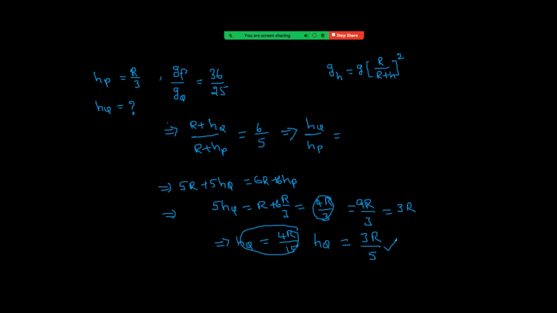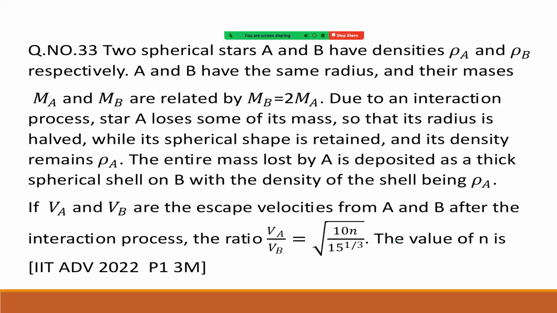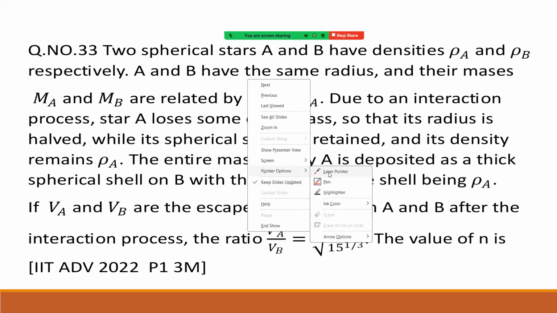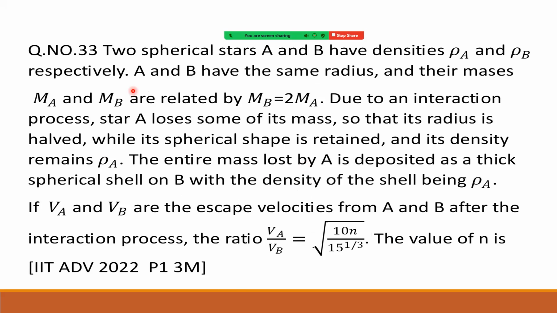See the next problem. This question is also from previous IIT Advanced 2022, given for 3 marks. Two spherical stars A and B have densities rho A and rho B respectively. A and B have the same radius and their masses have the relation MB equal to 2 MA.